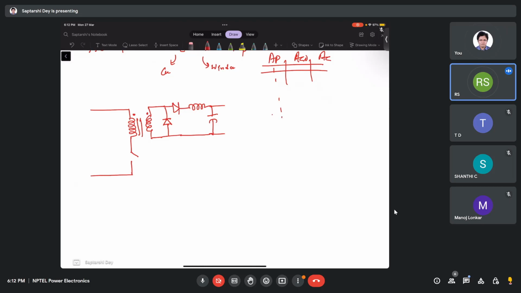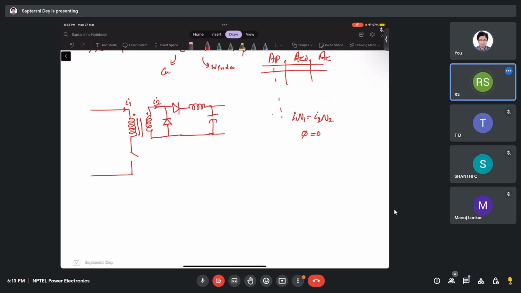So whenever a current I2 flows in the secondary and a current I1 flows in the primary, I1N1 is equal to I2N2, and as a result the net flux is zero in the core, right?